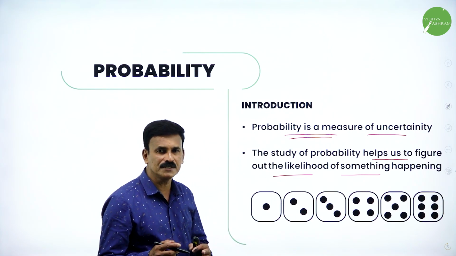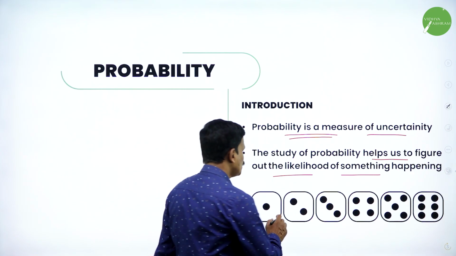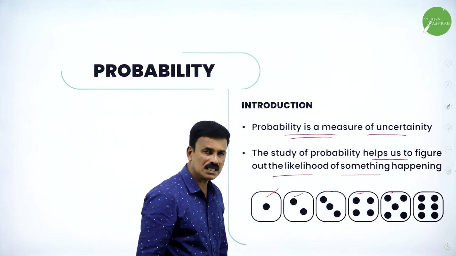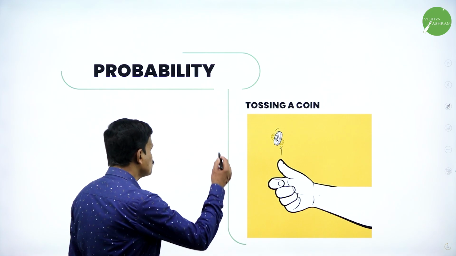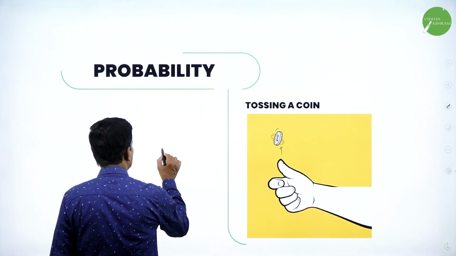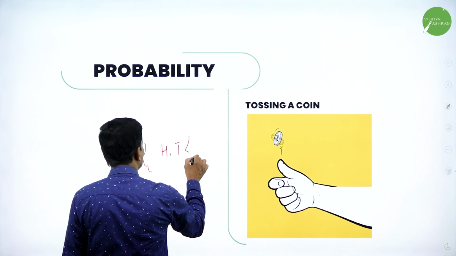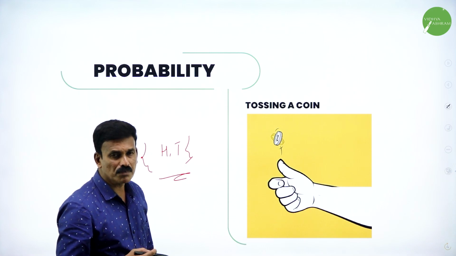You may get 1, 2, 3, 4, 5, 6. Like this, right? So this is an example of tossing a coin. What is the event we are going to get? Head or a tail. So this is an example for a probability.